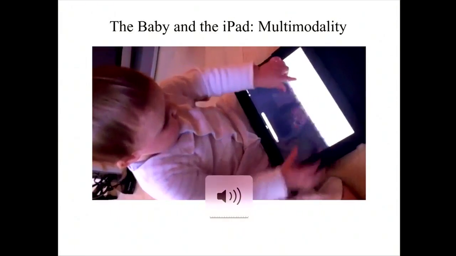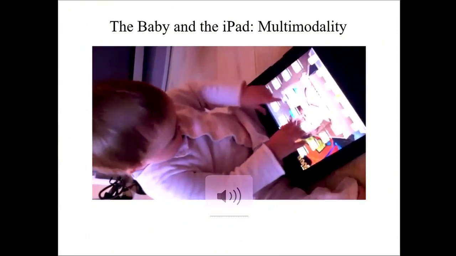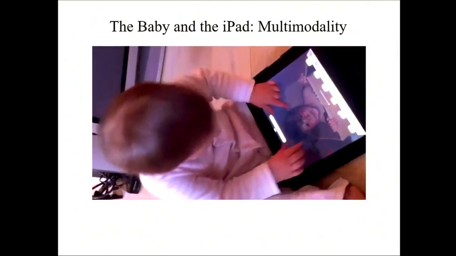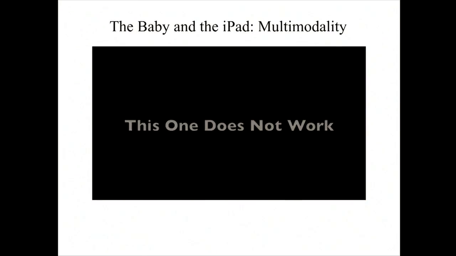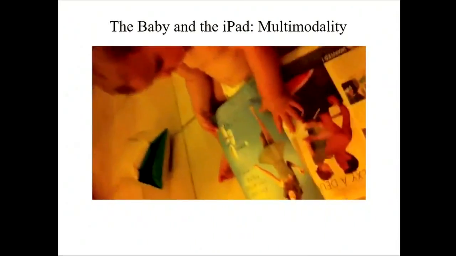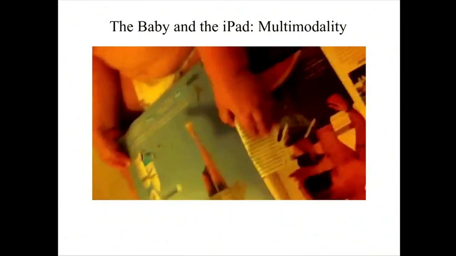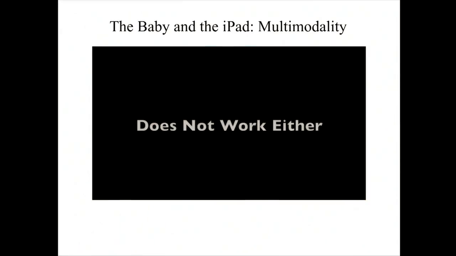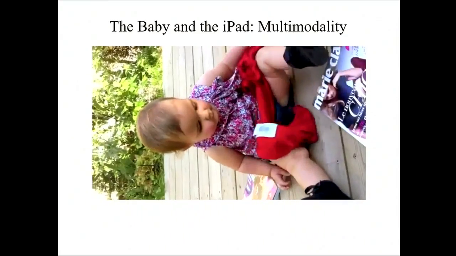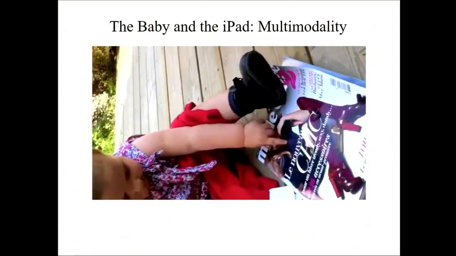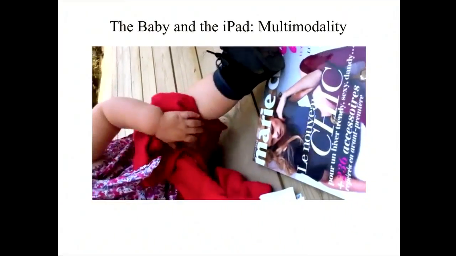Everyone will recognize this to be true if you've ever had anything to do with a baby. So this is an example of a child that has been conditioned by iPads and intuitive gestures on touchscreens, and is trying to deal with a magazine, and consistently tries to make the magazine open and expand, right?